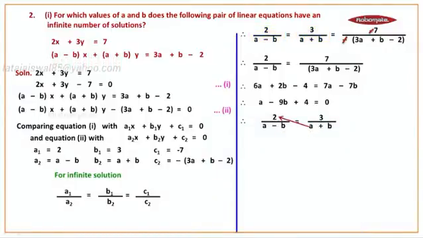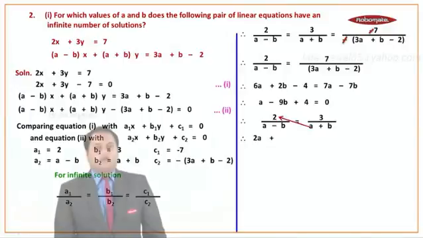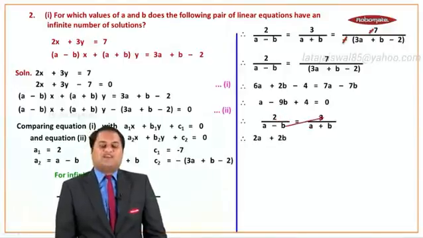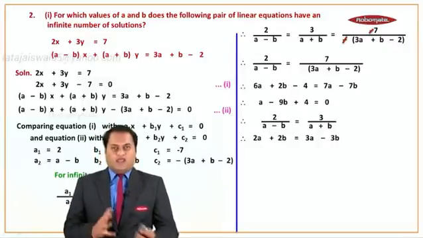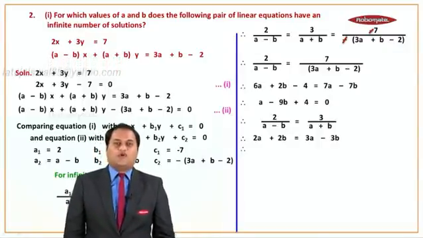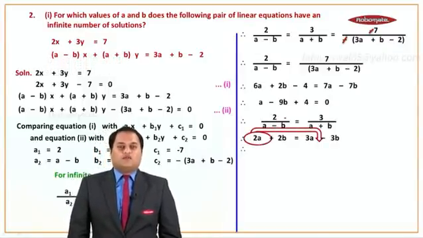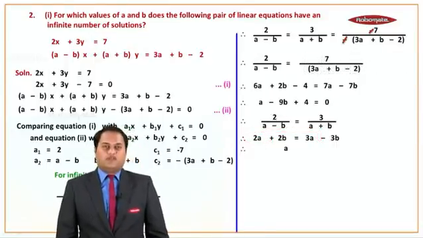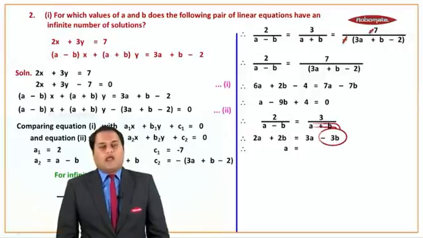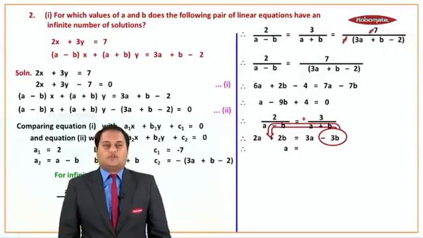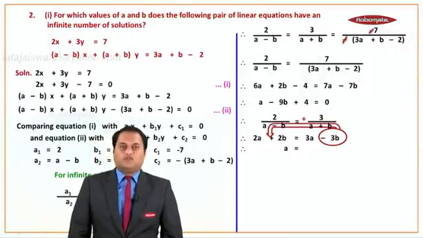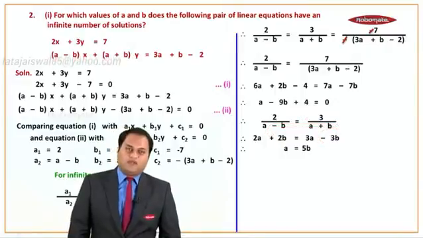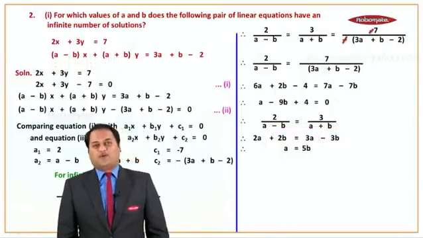We cross multiply. 2 into a will become 2a plus 2b is equal to 3a minus 3b. a's together, b's together. 2a goes to the other side, so we get 3a minus 2a is a. And minus 3b comes on this side, so 2b plus 3b will give you 5b. You get a is equal to 5b.